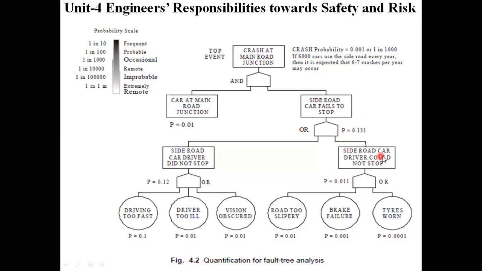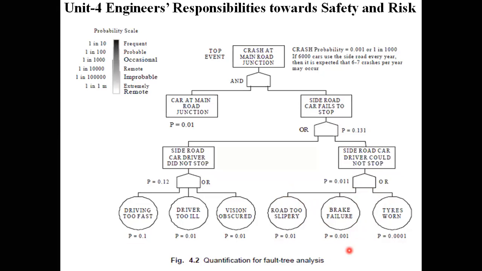And next one is side road car driver could not stop. This probability is 0.011, and that is a probability value is road too slippery. Road too చాలా slippery condition లో ఉంటే that is driver could not stop the car. And brake failure, brake ఏదైనా failure అయినా సరే driver unable to stop that car.